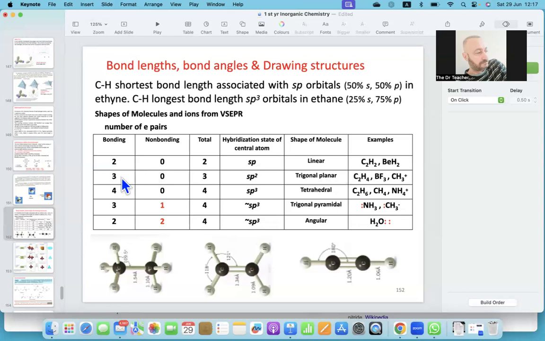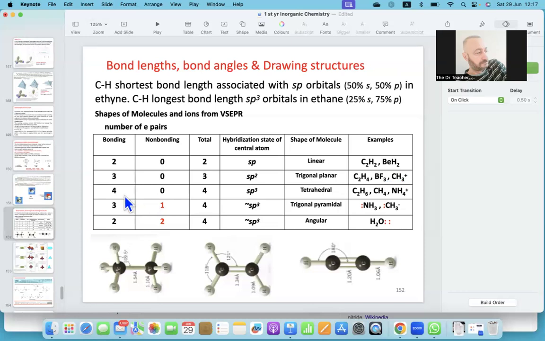Now we go to the 3 bonds. There is no non-bonding. There are a total of 3 bonds. They are sp2. They are trigonal planar in shape, and we can find them in trifluoroboron and the methyl group cation, which has lost 1 electron, so we have 3 bonds as trigonal planar.